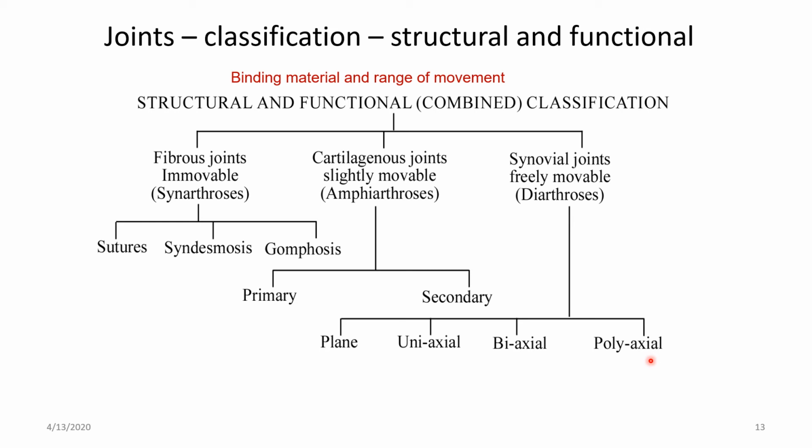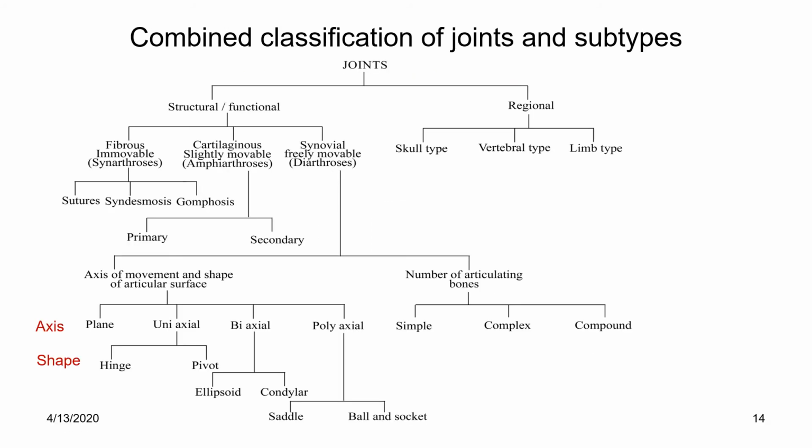What we are dealing with at present is the broader classifications, and further details of each of these fibrous joints, cartilaginous joints and synovial joints we are going to take up separately. Now we have a combined classification of joints and subtypes. So we said structural and functional into one group, regional into one group.